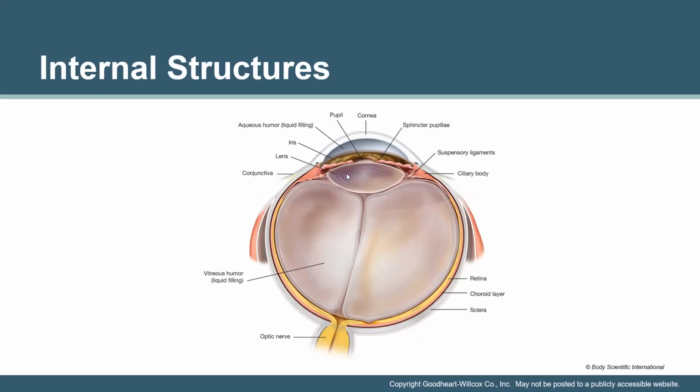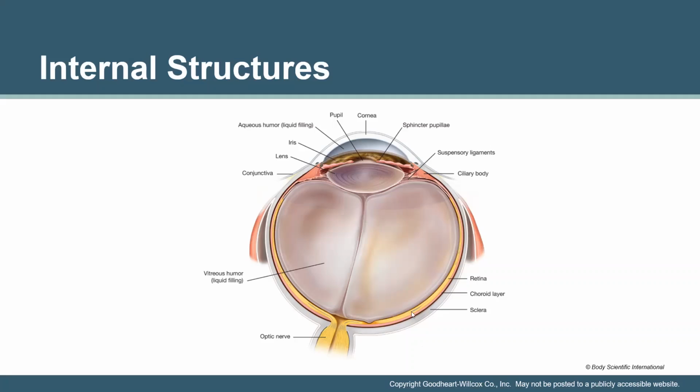On either side of your lens, you have structures that will anchor it to the sides of the eyeball, and one muscle that's going to be in charge of assisting in the movement of your eye, or adjusting to light, or moving the lens if necessary, would be the ciliary body. We'll go through this a little bit better in a minute. The suspensory ligaments anchor that lens down to the ciliary body.